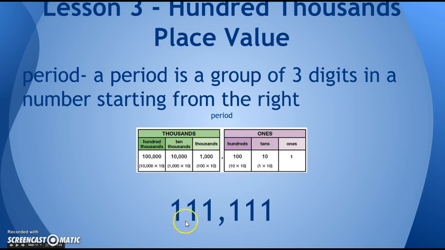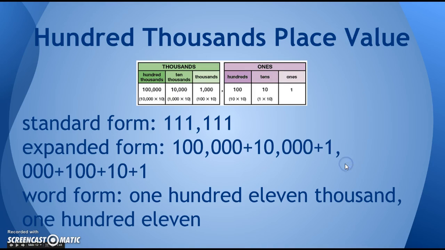And so our number here that we're going to be working with is 111,111. So in standard form, which is also number form, we have the number written with a comma between the thousands place value and the ones place value.